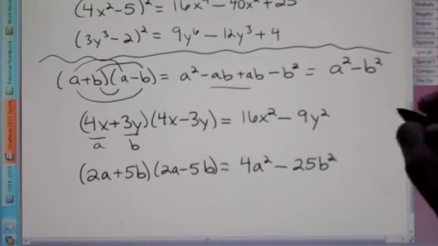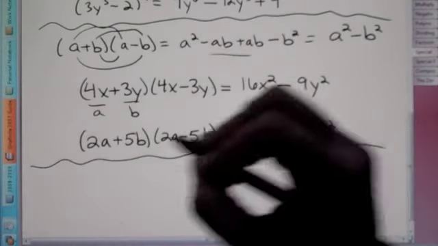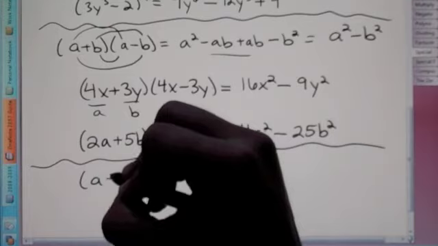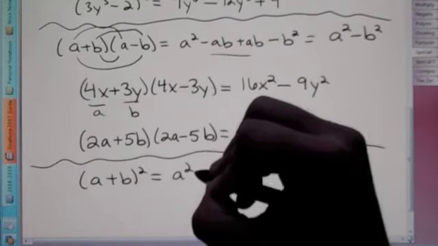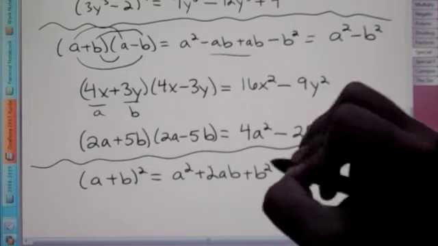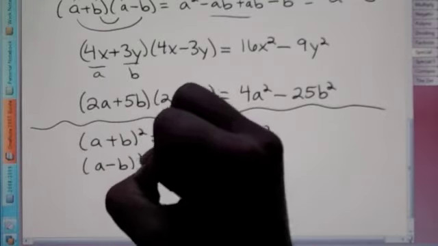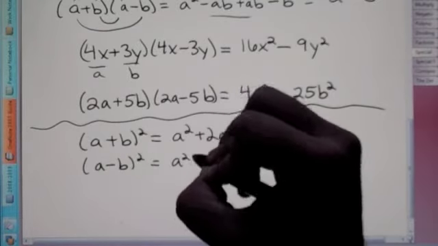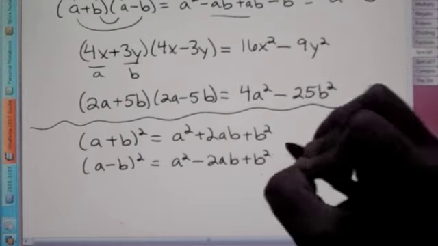Okay? So here goes, I'm just going to sum it up by giving us our three formats again. If it's written like this, (a + b) squared, we're going to rewrite it as a squared plus 2ab plus b squared. Our second one was (a - b) squared equals a squared minus 2ab plus b squared.